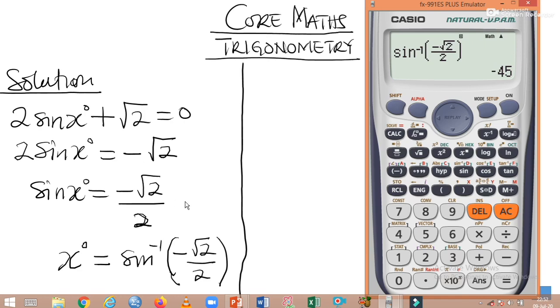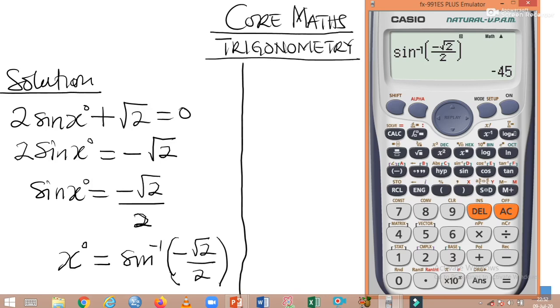Now the calculator is programmed in such a way that angles below the x-axis are negative, and angles above the x-axis are positive. So if you have angles above the x-axis, it will be in positive values, and angles below the x-axis will be in negative values.